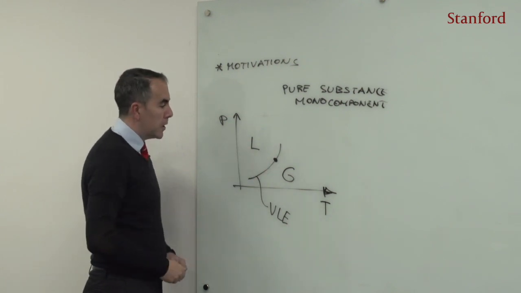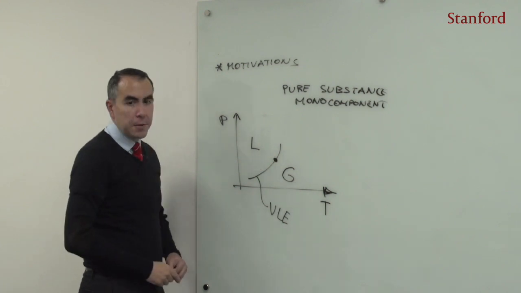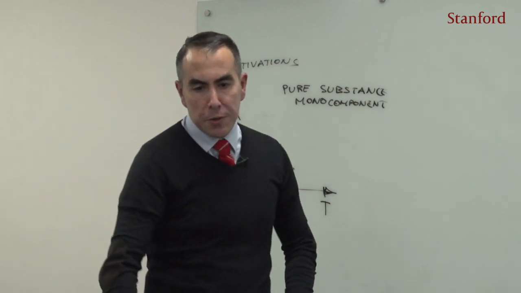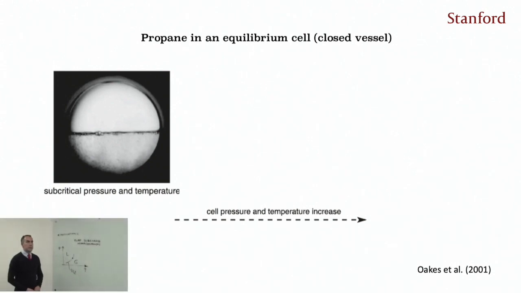And if I look at an experimental image of the system in this thermodynamic state, you're going to see what is on the slide. You're going to see a system that is separated between liquid and gas, like that equilibrium cell in the slide, with gas on top and liquid at the bottom, and they are separated by an interface.